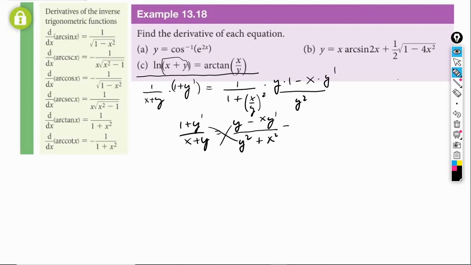We'll do that here. So we're going to get 1 plus y prime times x squared plus y squared equals x plus y times y minus x y prime.